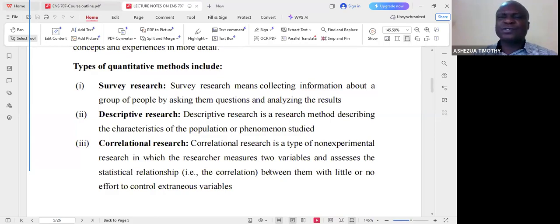For example, in regression analysis, you want to compare the scores between two classes, class X and class Y. Those persons who are in education, you see, they keep comparing the relationship between this class and that class. They compare the performance between class A and class B in mathematics. These are correlational research. You want to know the relationship between class A and class B. How is their performance like?